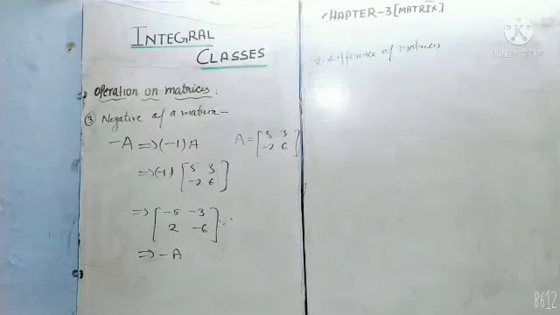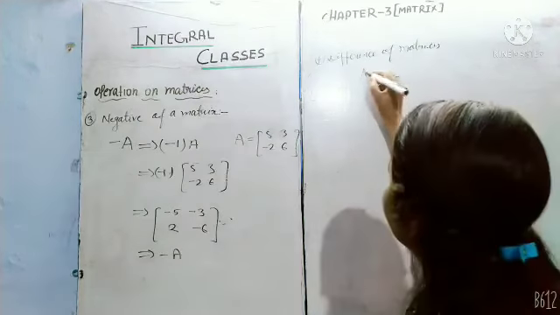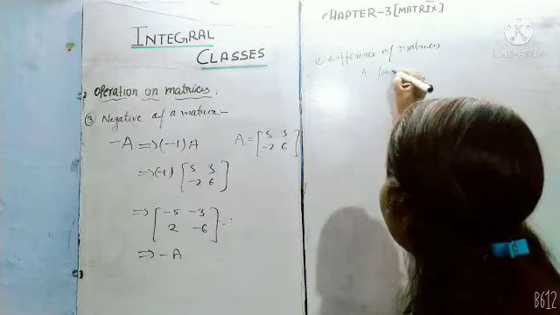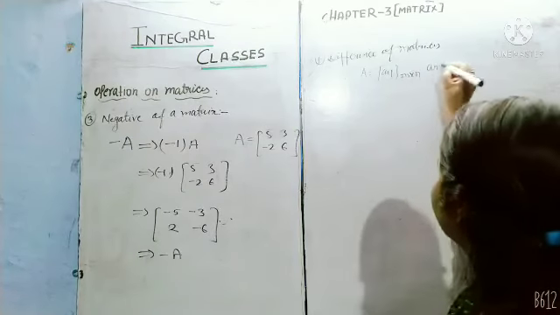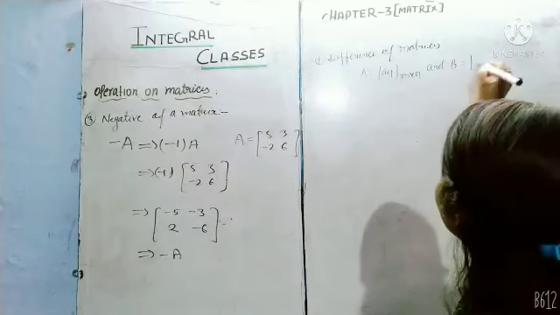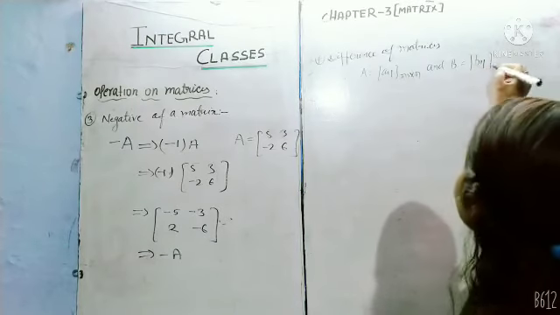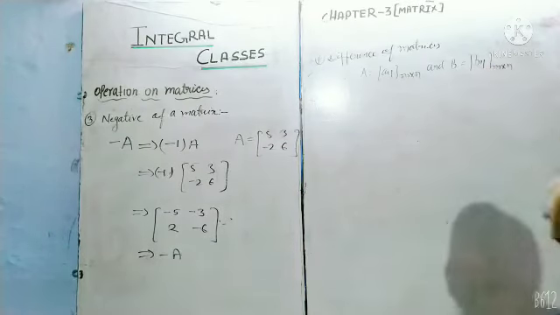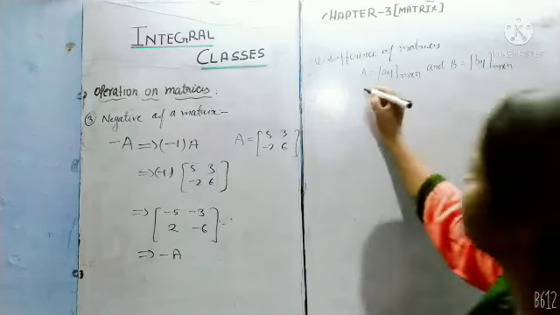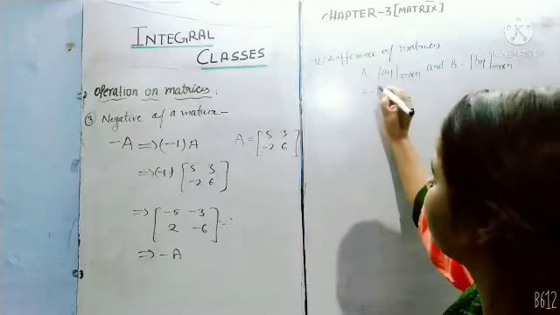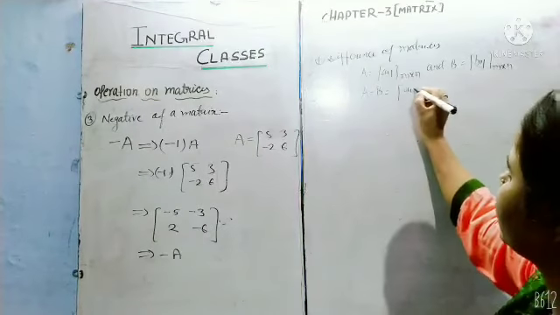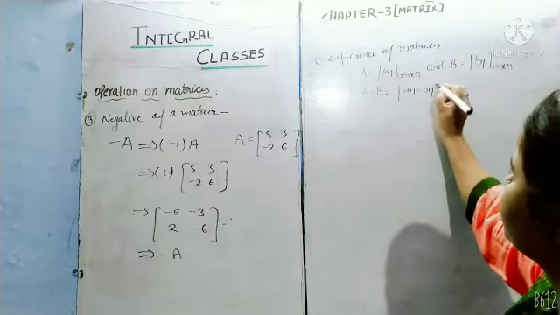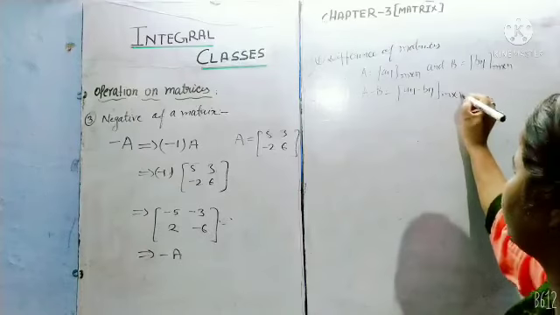Now next is the difference of matrices. If we consider two matrices A equal to Aij of order m cross n, and B equal to Bij, which have the same order m cross n, then the difference between them, A minus B, equals Aij minus Bij, of order m into n.